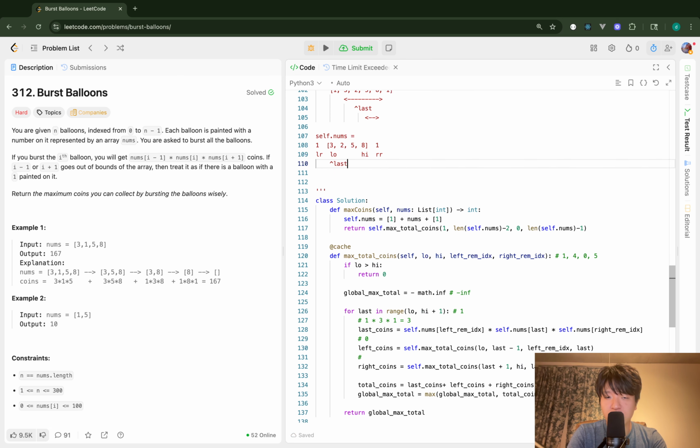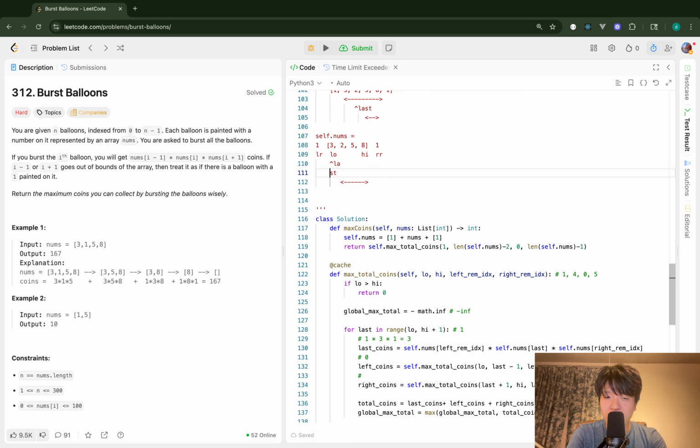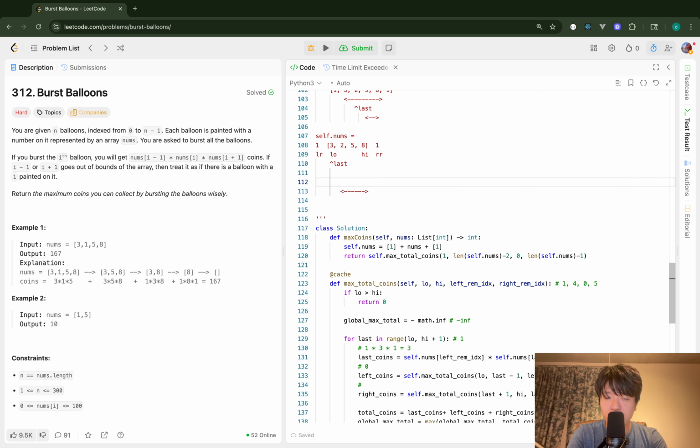So what happens is that the low-high range is this, and left remaining index is 1, which is here, and right remaining index is here.